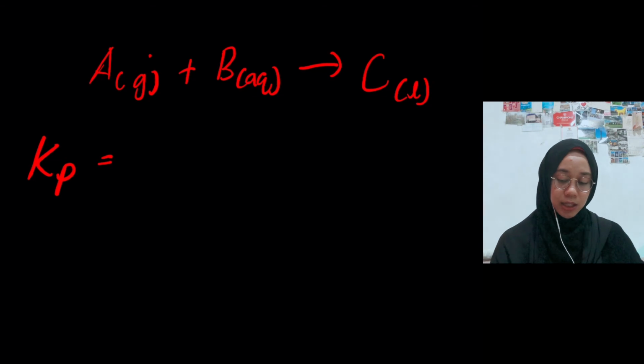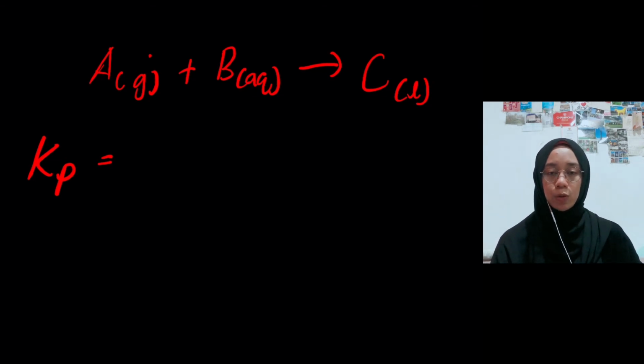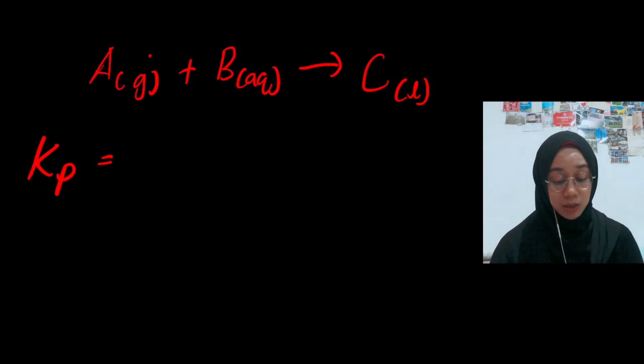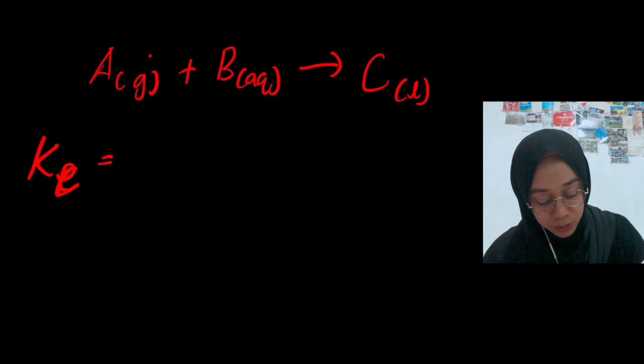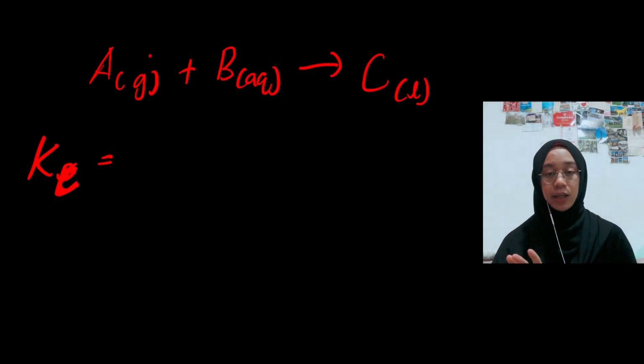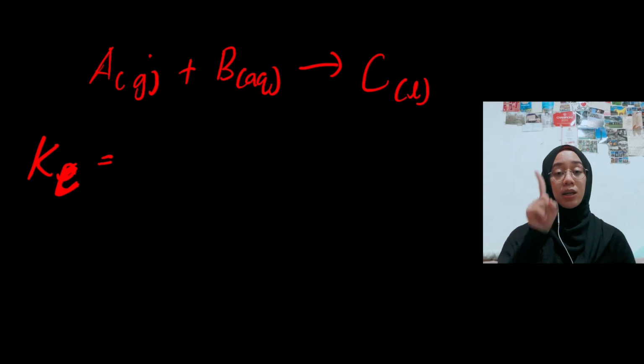So in this case, kita punya A, B, C, ada tak anything yang pure solid, pure liquid? Tak ada? C. Kan? C adalah pure liquid. Jadi dia remain constant. Miss nak tulis Kc dahulu. Okay, the value of concentration of C kat sini adalah remain constant, which is actually 1.